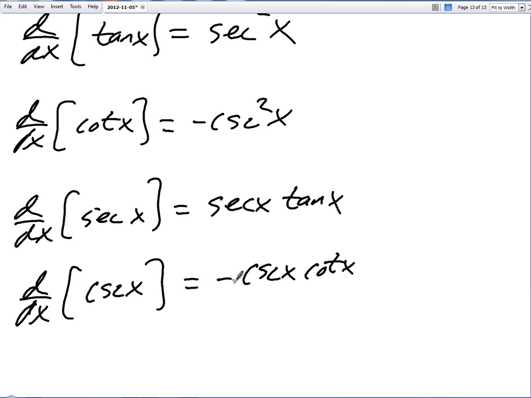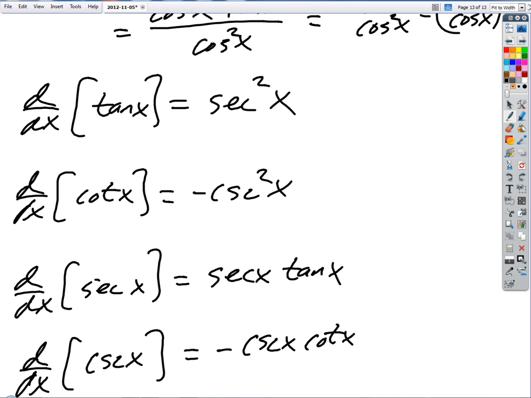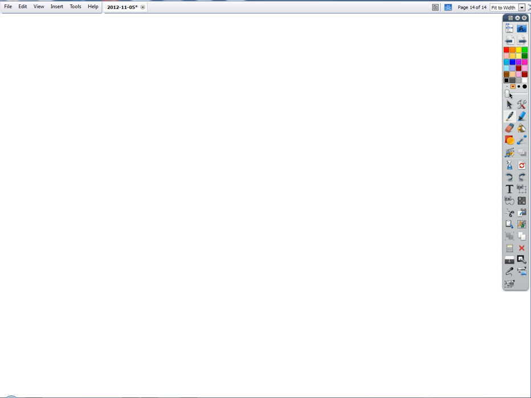Now look at the pattern here. If we organize these, let me organize these on a different page, and this will make it easy to remember how these things work. We can look at what we might call the normal trig derivatives and then the co-trig derivatives, the co-equivalents.